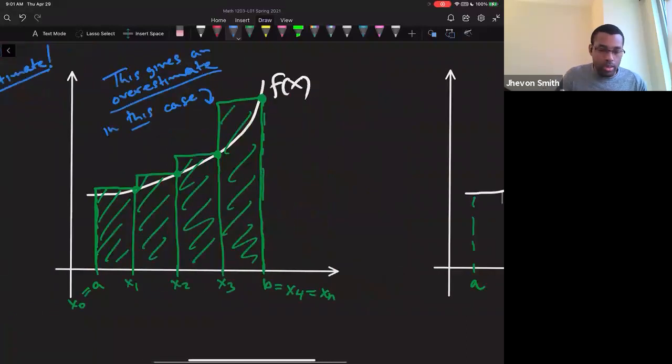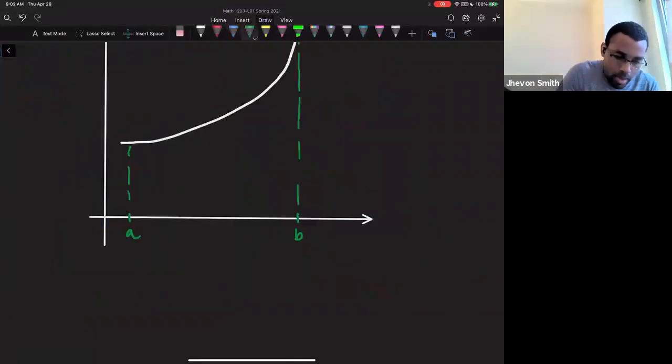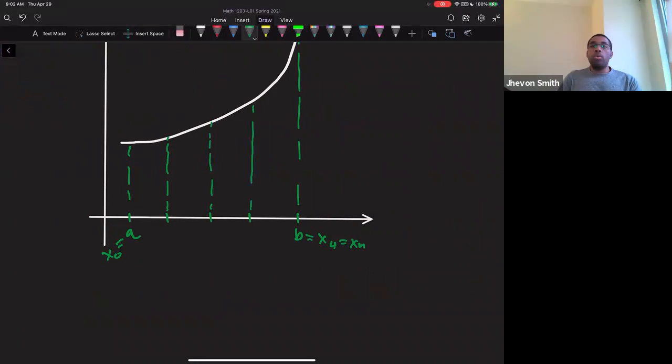The midpoint rule starts out pretty much the same, but then we switch it up a little bit. You have these 4 subintervals. But now, instead of taking the left or the right, we take the middle. We take the midpoint.